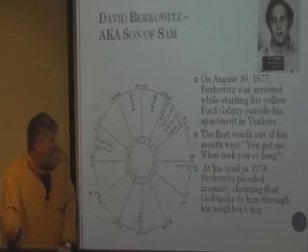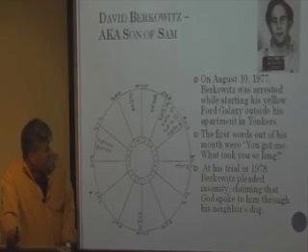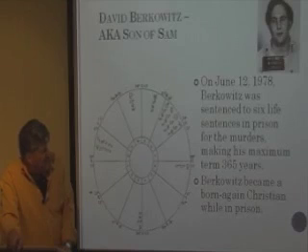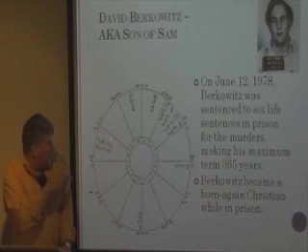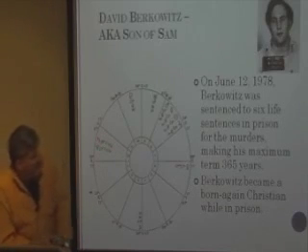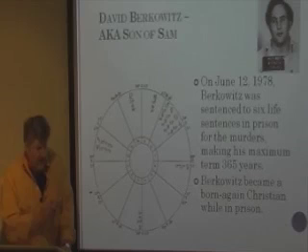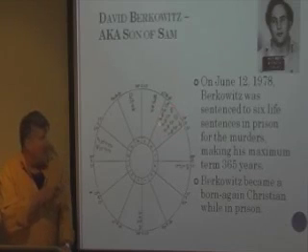You know, I have my own armchair psychology about this, looking at the chart. All right. Sentenced to 6 life sentences in prison for the murders, making his maximum term 365 years. In prison, Berkowitz became a born-again Christian, and he has promised that if he's allowed to write his autobiography, his memoirs, and publish them, all the money from that will go to the survivors of the families of his victims.